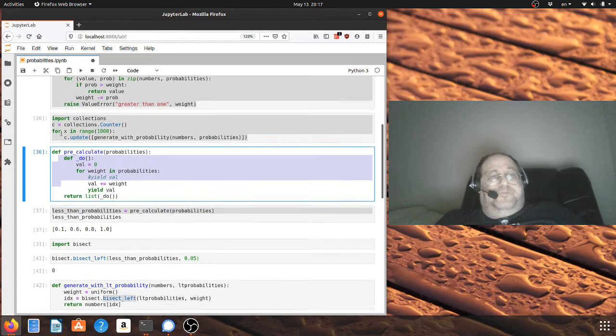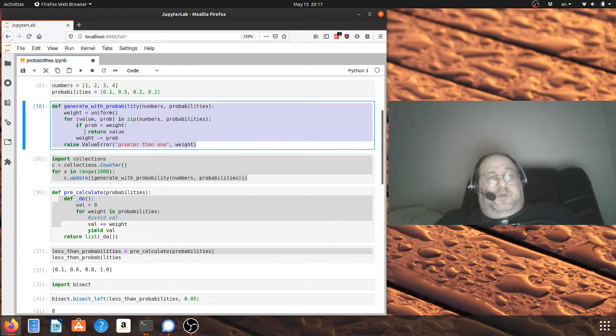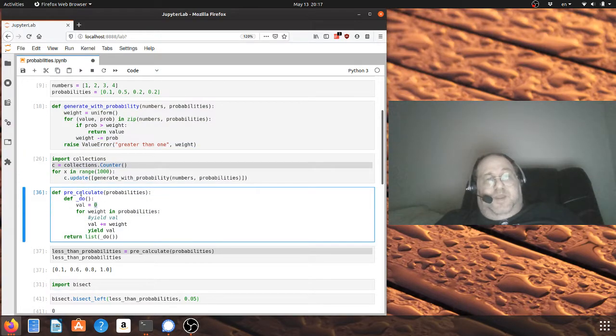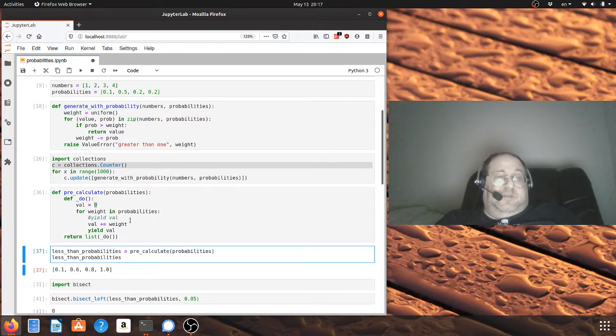So when we talk to the interviewer, of course, we make it very clear. I can do O of n pre-calculation that I can cache or do all kinds of tricks with caching, and if I get it reused with the same probabilities, even if it's, by the way, with different numbers, right?